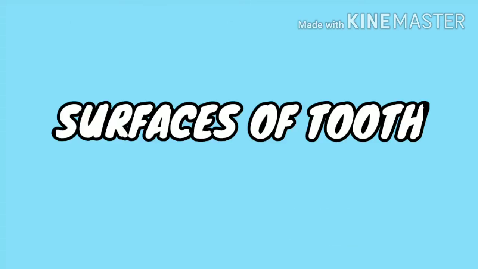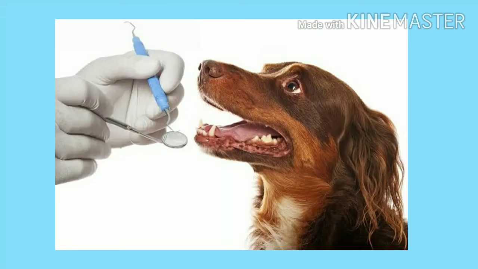Then let's study about the surfaces of the tooth. When performing a dental cleaning or in any clinical circumstances, it is important to know what the different surfaces of the tooth are called in order to document properly where the lesions have occurred on the tooth.